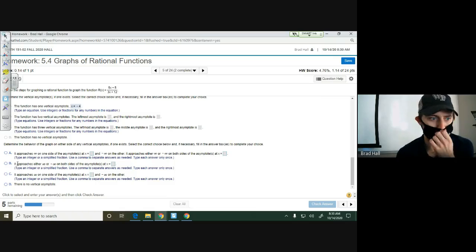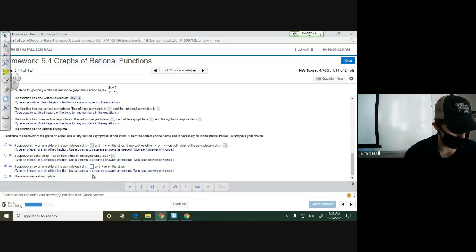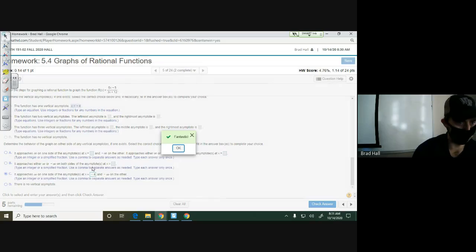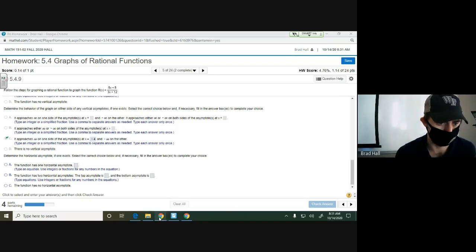In this case, they alternate: infinity on one side and negative infinity on the other side. That's what we have found. And so from here, we can go ahead and determine the horizontal asymptote.